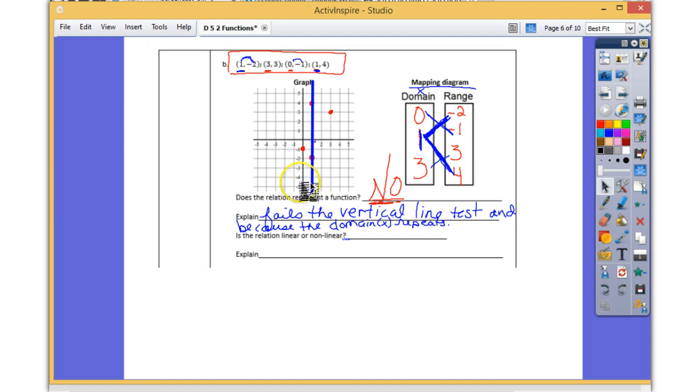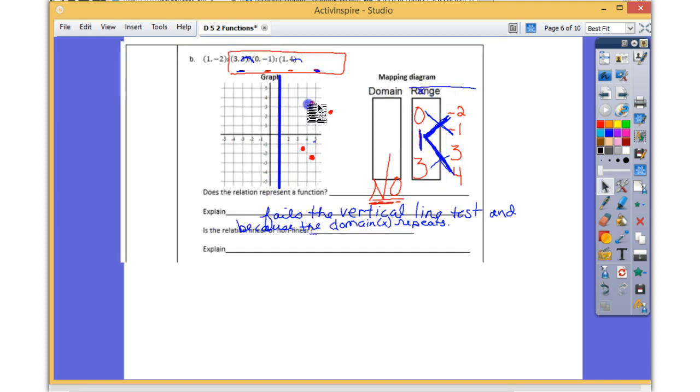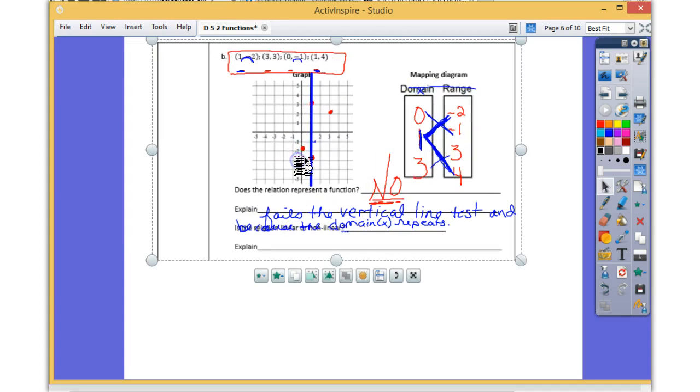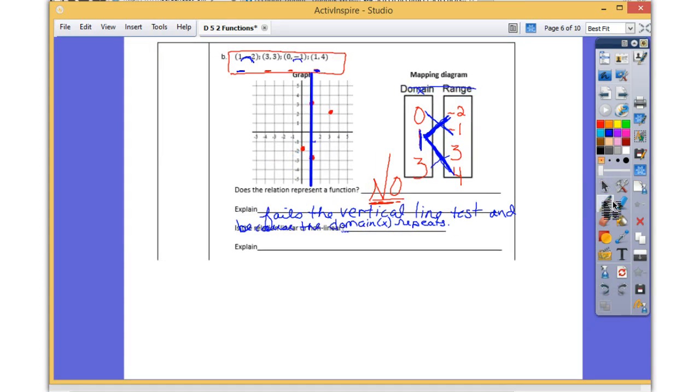Anyway, do those 4 dots make a linear or non-linear graph? These four dots right here, is it linear or non-linear? It is non-linear. Why? Does not make a straight line. Exactly. It doesn't make a straight line.